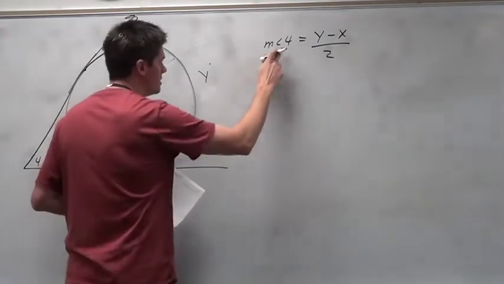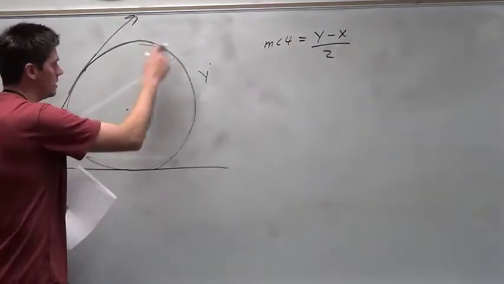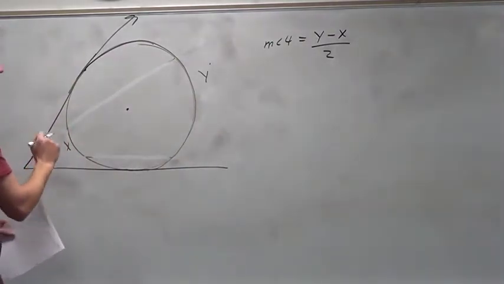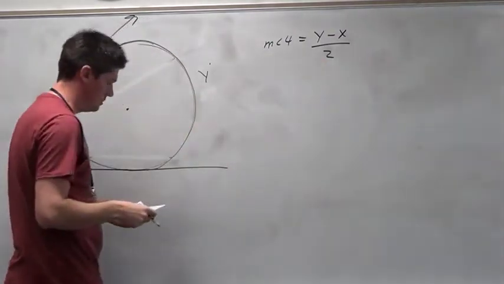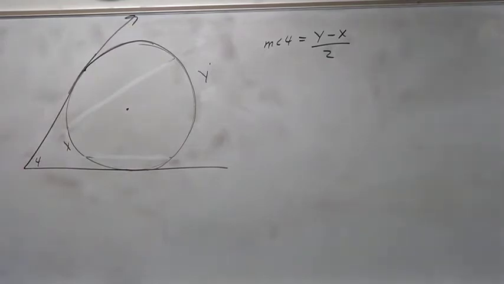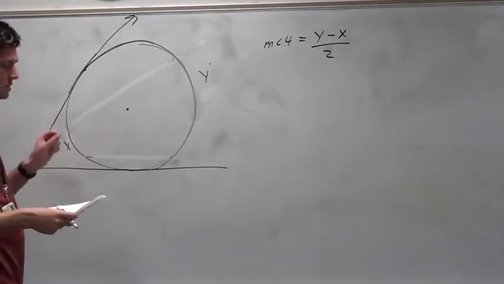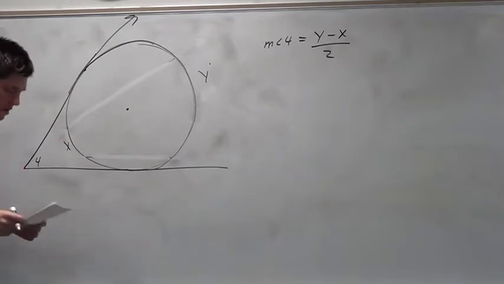Same thing. Measure of angle 4 is equal to the big arc minus the small arc first, then we divide by 2. Remember, on all 3 of those, 5, 6, and 7, in the comment section, the measure of the angle equals half the difference of the intercepted arcs.